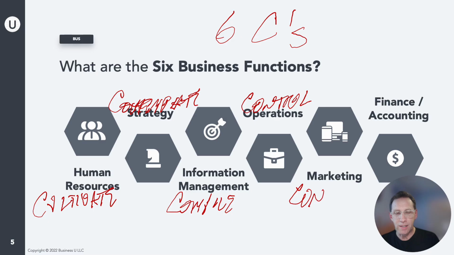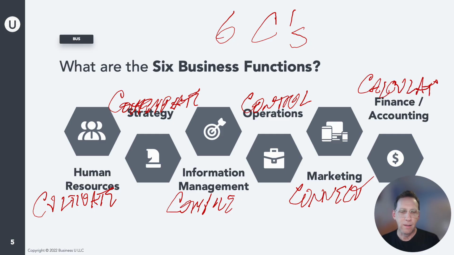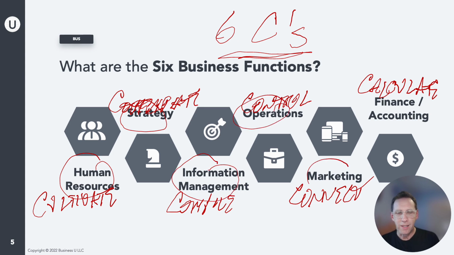Marketing is connect. And finance and accounting is calculate. Okay, so think about it in terms of these 6 C's. Maybe they'll help you remember these functions a little better. Cultivate, contemplate, compile, control, connect, and calculate.